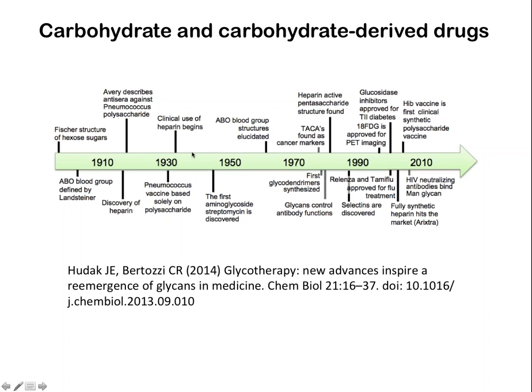The first application of carbohydrates in clinical use started already in 1930, but it took another 70 years before the fully synthetic heparin reached the market. It's marketed under the name Arixtra. There are other things emerging, and there are Relenza and Tamiflu approved for flu treatment. This was also a keystone in the field, at the end of the 1990s.